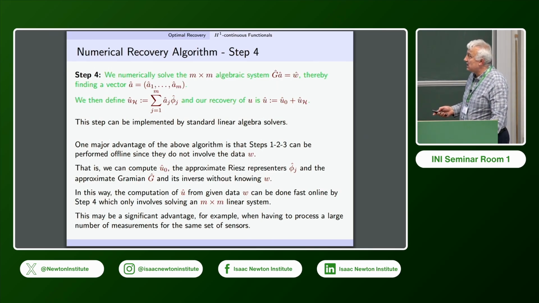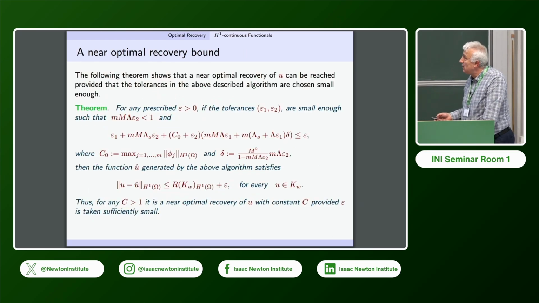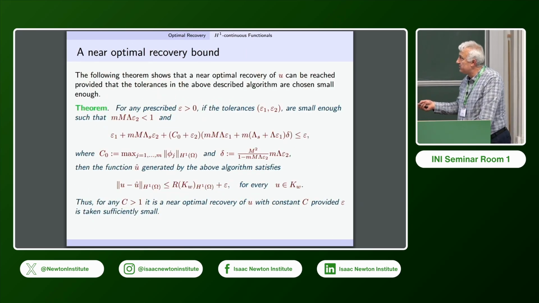I don't have much time, so I'll try to say something about the theorem. The theorem says that if we have chosen epsilon 1 and epsilon 2 small enough, we can make this whole quantity less than epsilon.